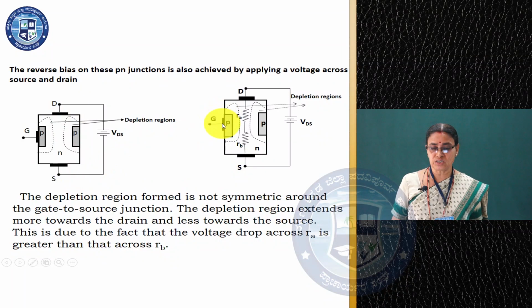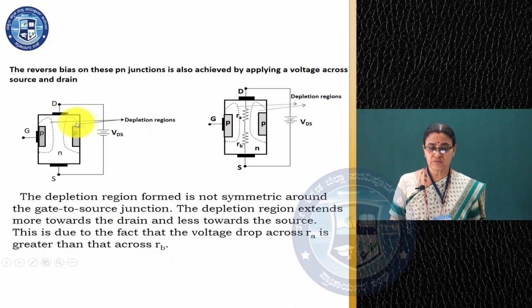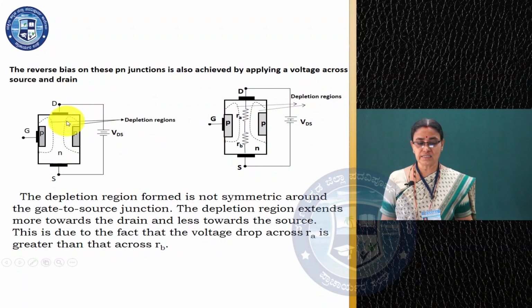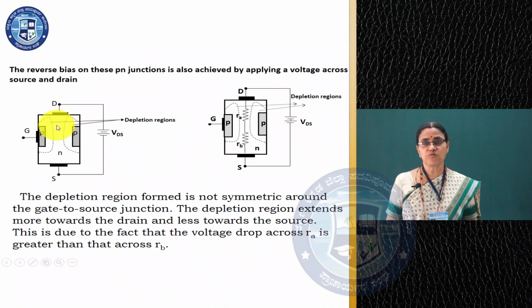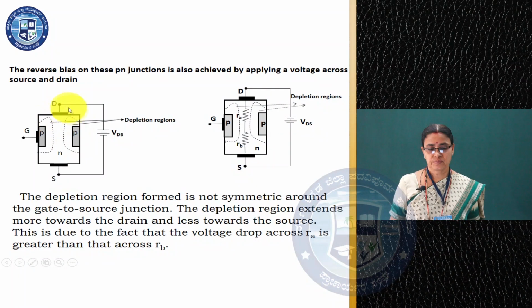We are taking the conventional flow of current. The reverse bias increases more towards drain than source. So here we have to consider the depletion region formed is not symmetric, it is more near the D region than the S region.